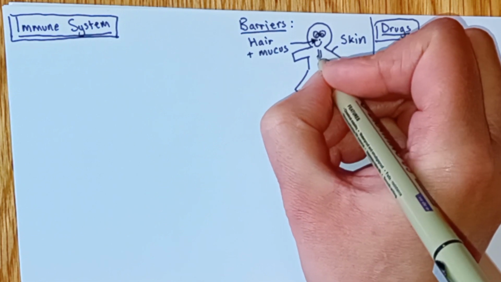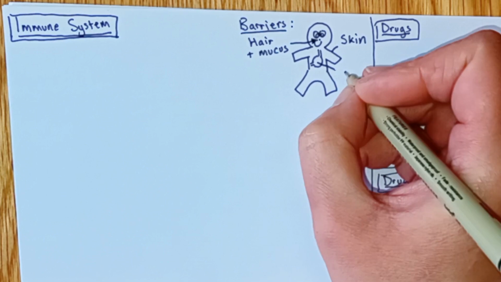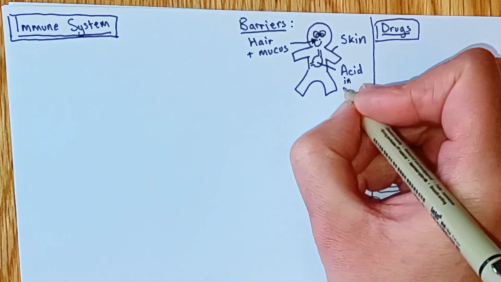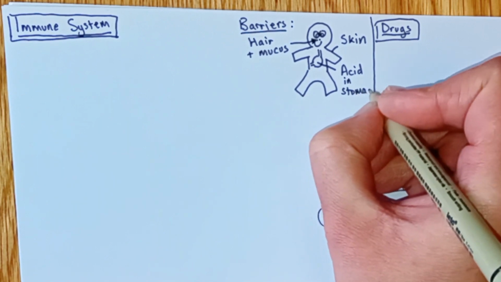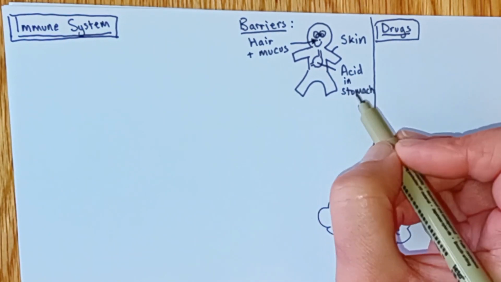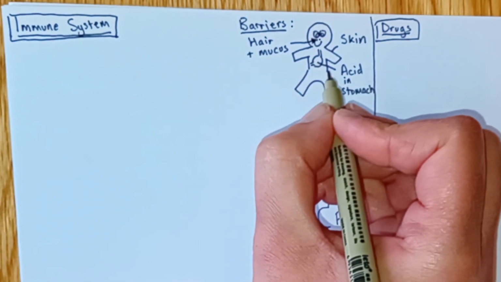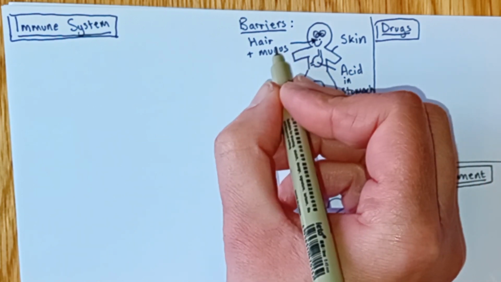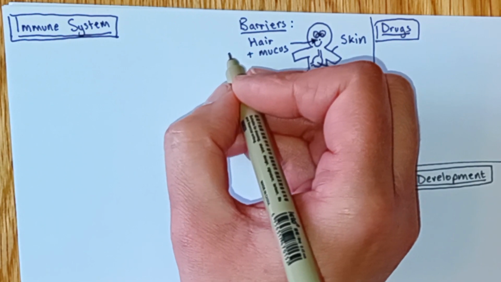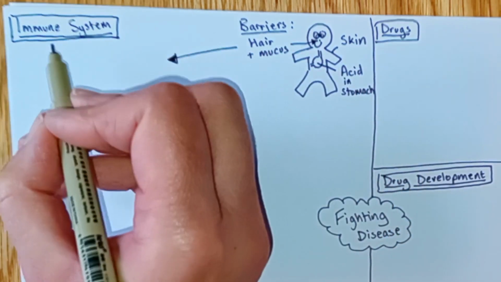And you've got things like hydrochloric acid in your stomach. So you've got barriers to stop the pathogens from getting in. But if they do get through these barriers, so you've got a hole in the skin, or they don't get trapped in the mucus, or they're not killed by the acid, then we need an extra defense system. And that's our immune system.